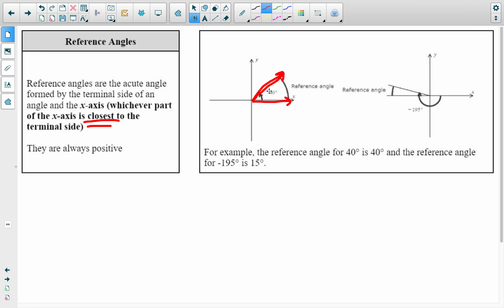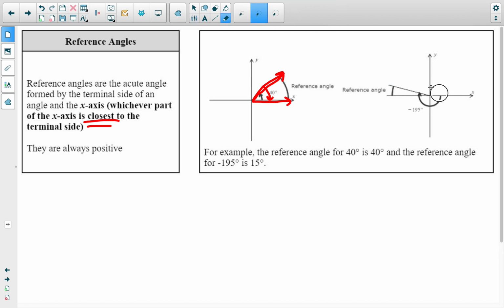So here you can see the closest x-axis side that makes this an acute angle is right here, which is 40 degrees, versus an angle like this, negative 195. The closest side of the x-axis is this angle right here, okay?